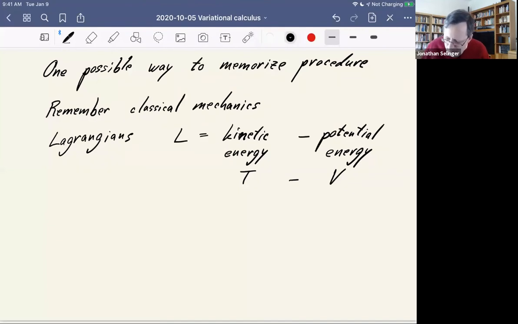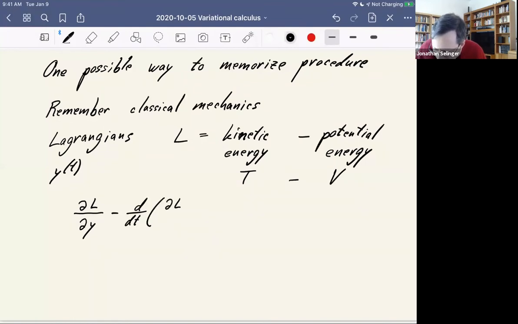Okay, so the Lagrangian equation of motion says that the derivative of the Lagrangian with respect to whatever is your coordinate, let's call it y, if you have some y of t, minus d by dt of the derivative of the Lagrangian with respect to y dot, that is the velocity, is equal to 0.